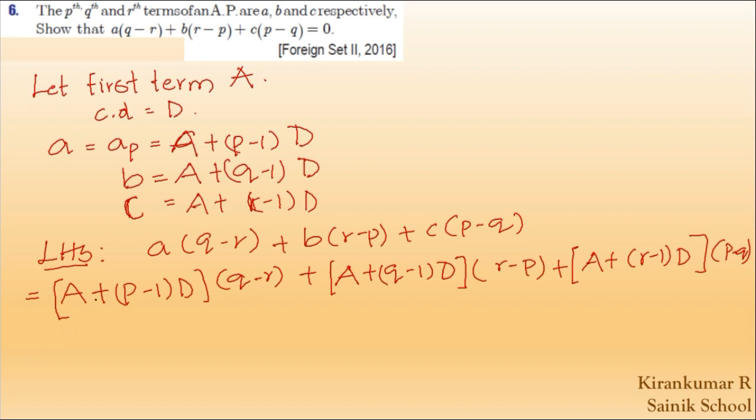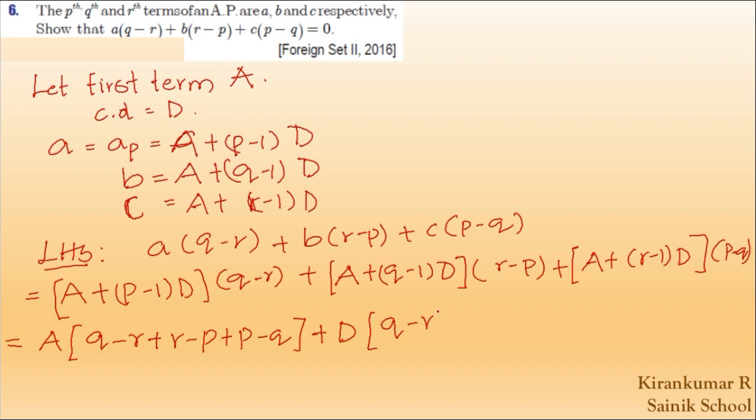How do we simplify? On multiplication of (q minus r) with these two terms, (r minus p) with these two terms, and (p minus q) with these two terms, I can simply take A as common and I'll be getting (q minus r) added to (r minus p) added to (p minus q), plus I can take D as common.